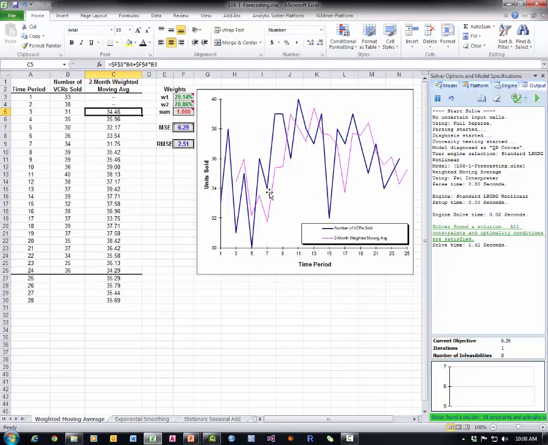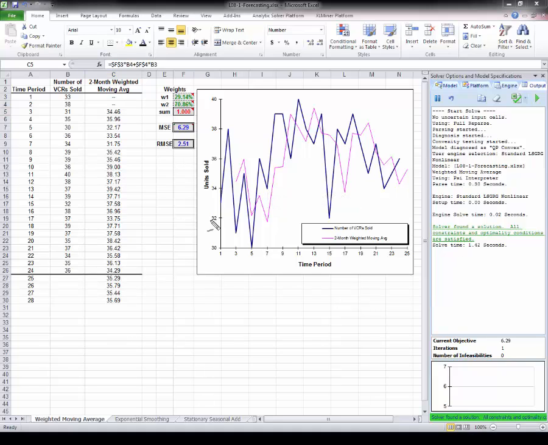Essentially 2 time periods ahead. Let's take an example. If I'm looking at period number 5, this is more like period number 3 and period number 1 than it is like period number 2 and period number 4. So obviously that's why your weight 1 is less and weight 2 is a lot more. Okay? And this is your weighted moving average.